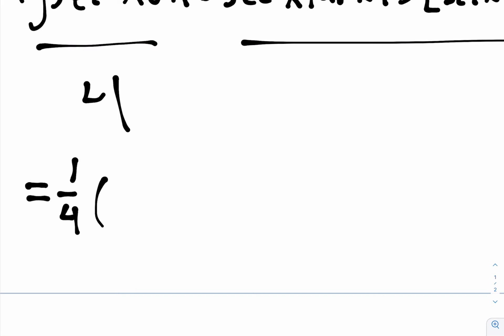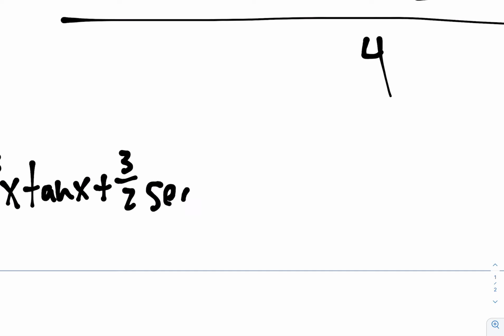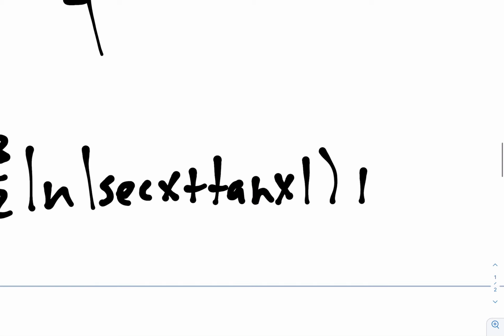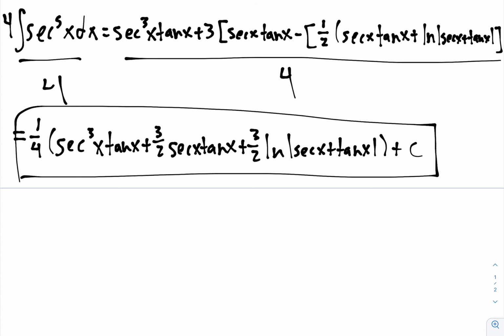It's going to be secant cubed x tan x plus 3 halves secant x tan x plus 3 halves ln, we have that secant x plus tan x, the absolute value there, right? And then we got plus c. Okay, so this is your answer for the integral of secant to the 5th.